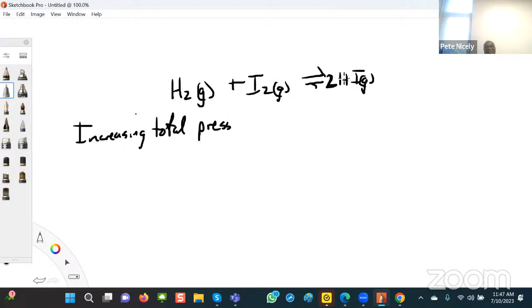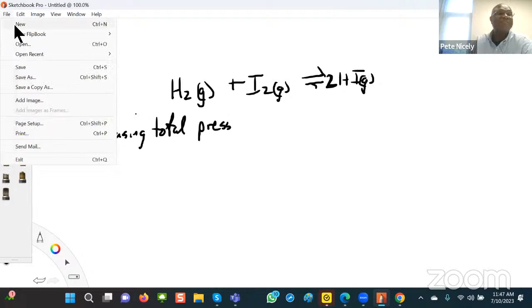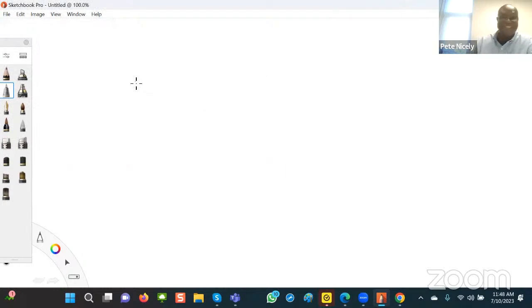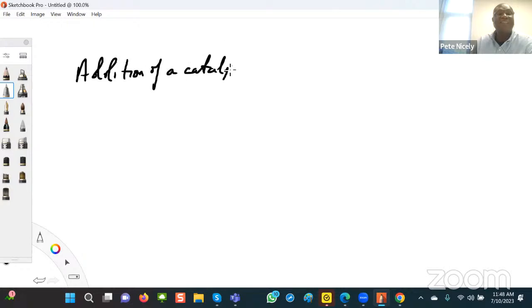All right. So I just thought I should throw that one in so that I am satisfied that you understand how this works. Okay, the very last factor we're going to look at is addition of a catalyst. Now, in this particular case, this is the easiest of the factors to understand, right?